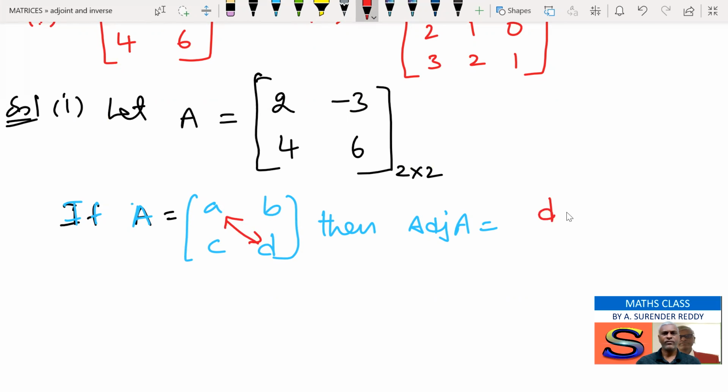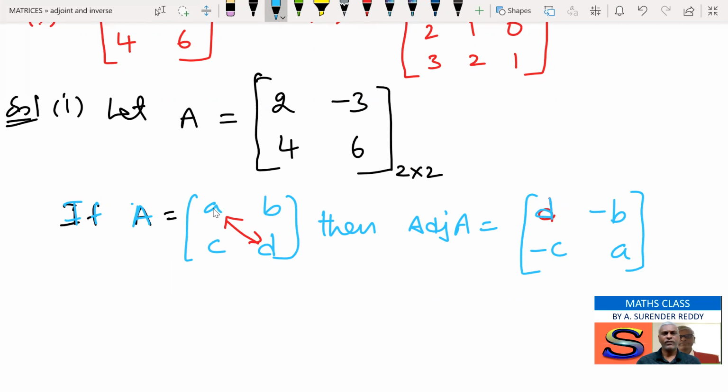So D minus B minus C, A. So this is the adjoint.